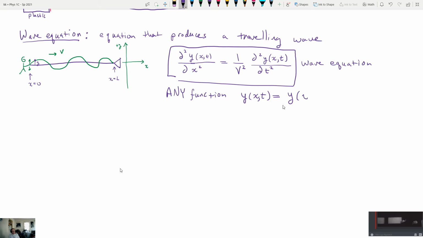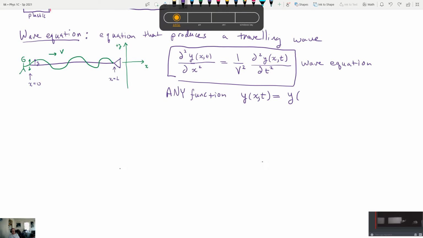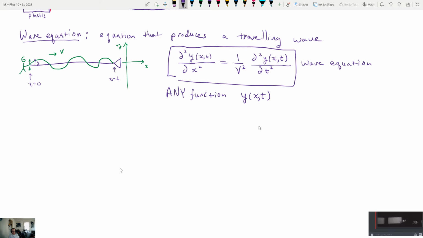Any function y of x and t that satisfies that equation will produce a traveling wave.